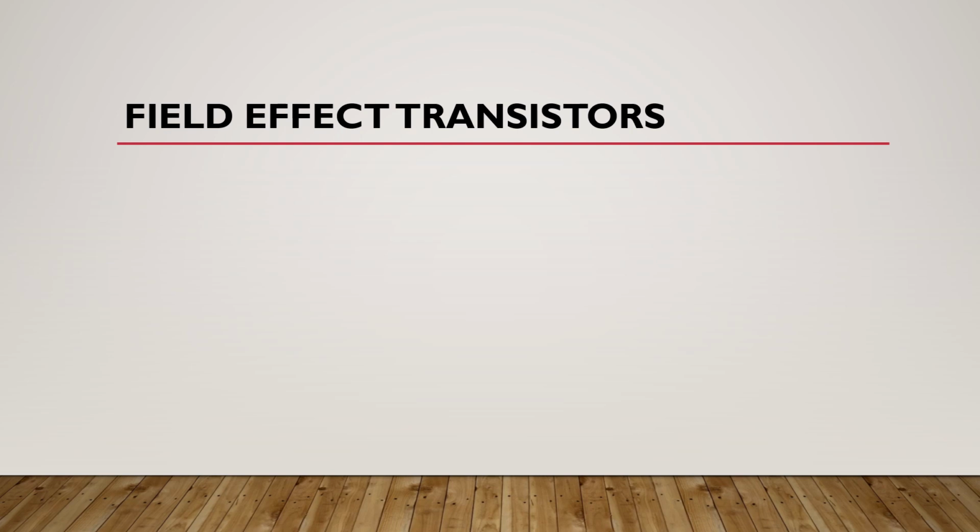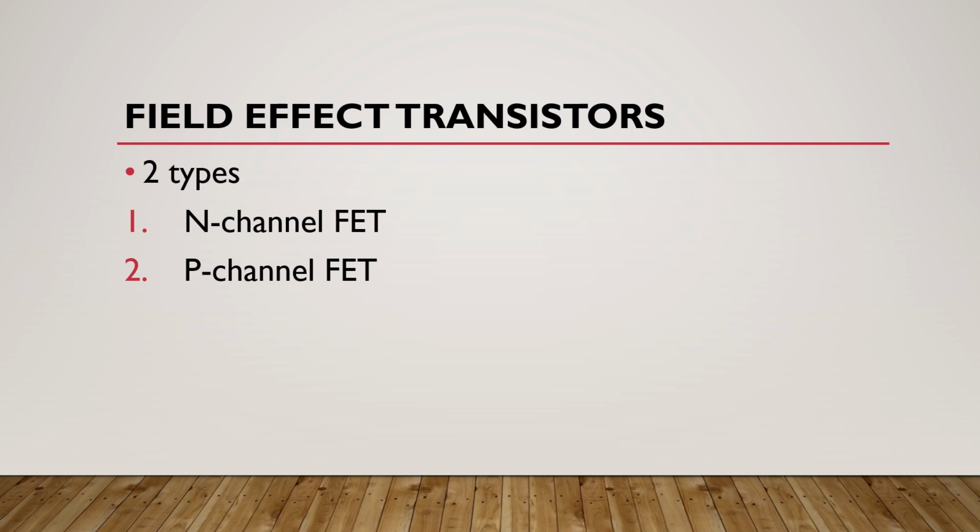There are two types of field effect transistors. First is the N-channel field effect transistor and second is the P-channel field effect transistor. As I have mentioned in my previous slide, the field effect transistor is a three-terminal device. So its symbol is like this.